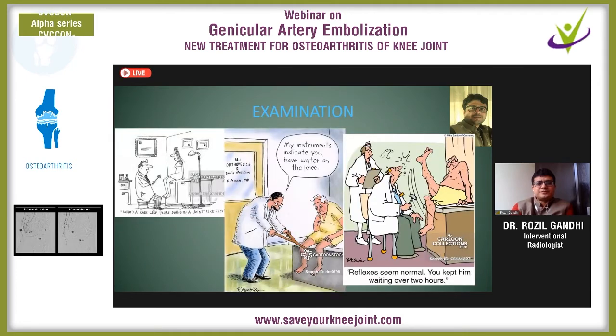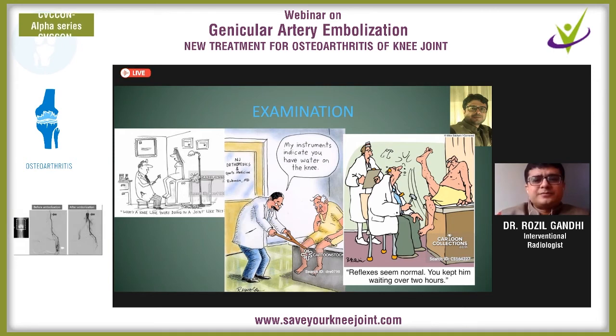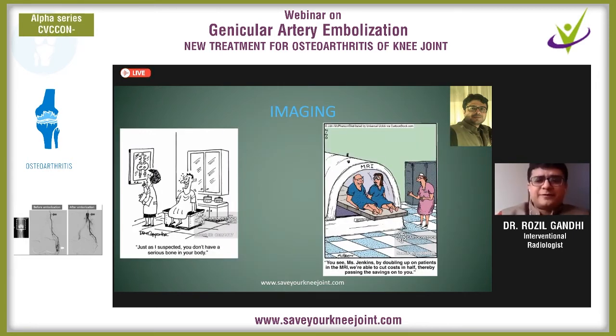So check for the reflexes, see how the knees are swollen or not, whether there is movement abnormality or not, get an MRI done, get a radiograph done.